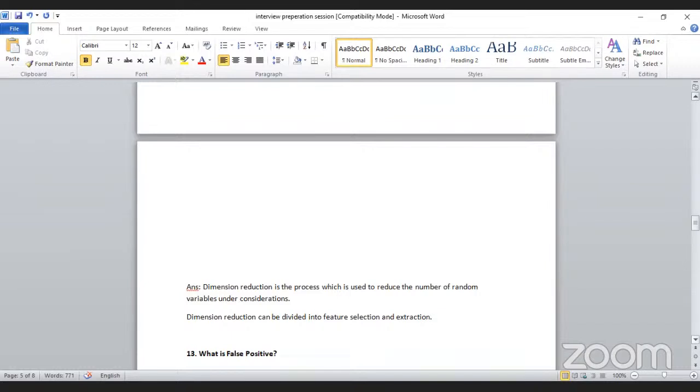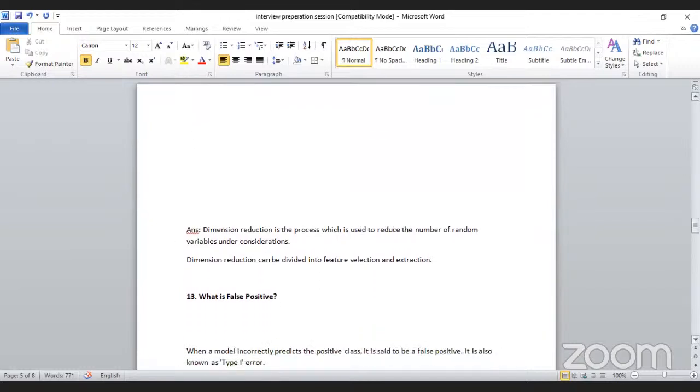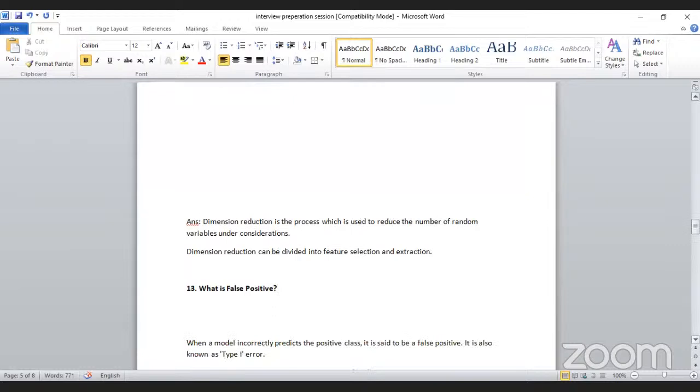Prabhat says prediction is true and actual is false. Yeah. When a model incorrectly predicts the positive class, it is said to be false positive. It is also known as type 1 error.